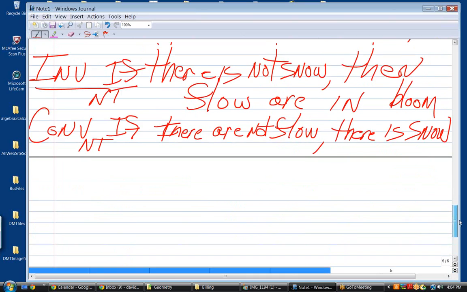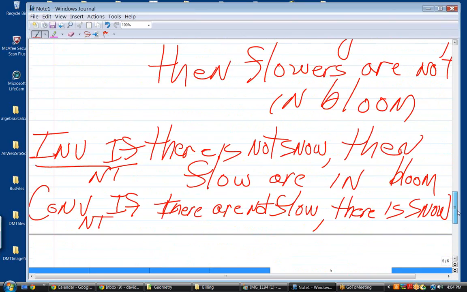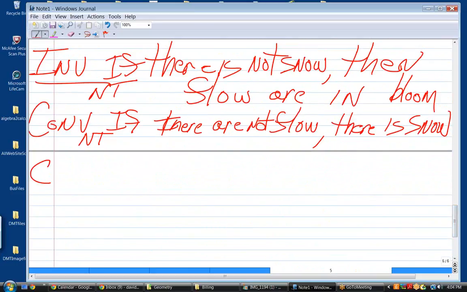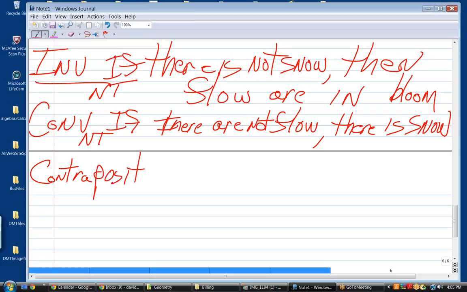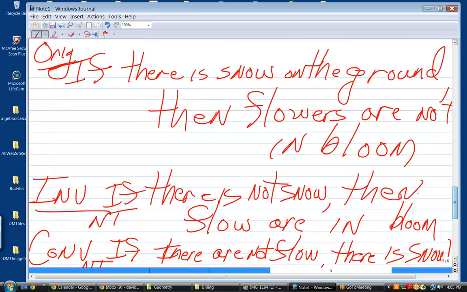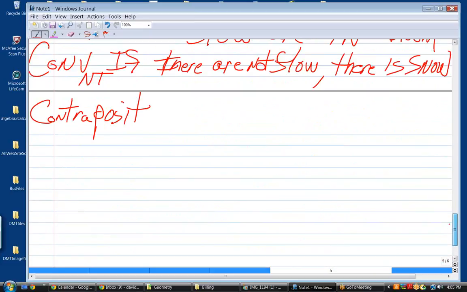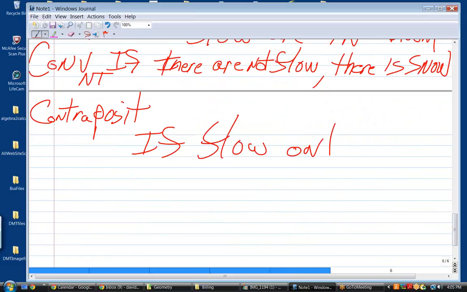And now finally, let's end it with the third, which is called the contrapositive, which is where you reverse the two things and you throw in a negative. So the original is, if there is snow on the ground, then flowers are not in bloom. Start with the flowers being not in bloom, take the negative of that, that's if not Q, then not P. If flowers are in bloom, there's no snow.